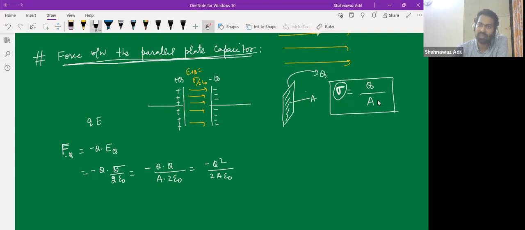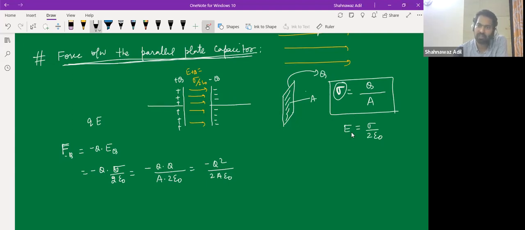Why would there be epsilon naught? If I write the electric field, this is sigma by 2 epsilon naught, right? For the case of the positive plate.